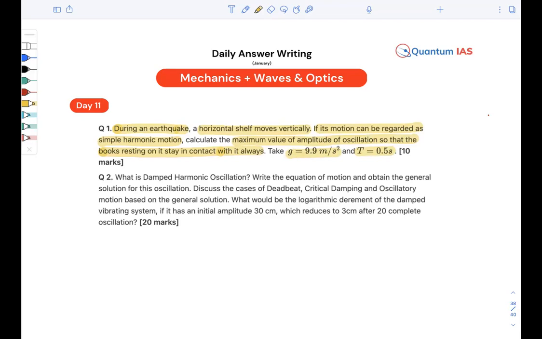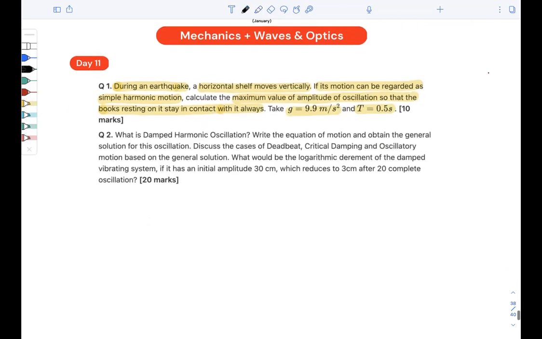So what should we write in the introduction? In the introduction, we can simply write what we mean by SHM. Simple harmonic motion means that the particle is oscillating in a linear fashion, following F equals minus Kx.